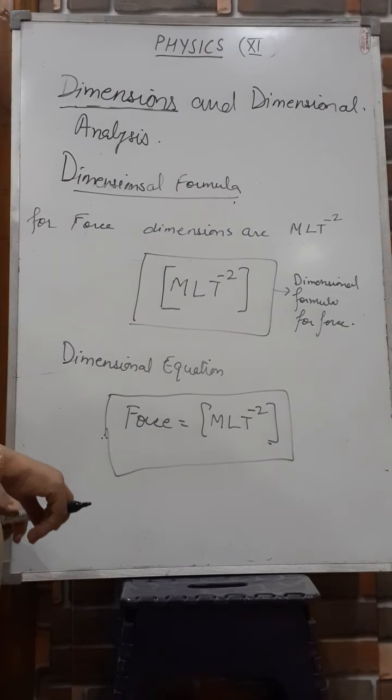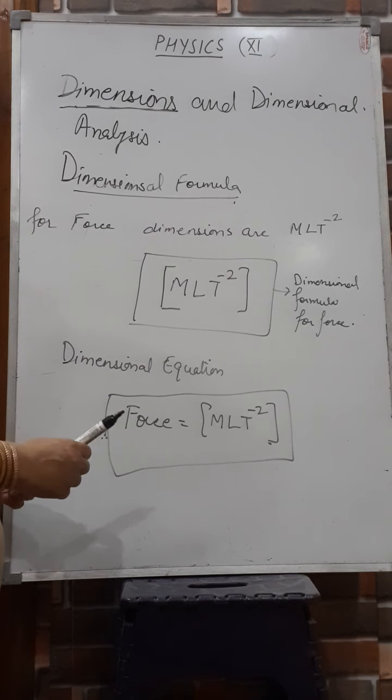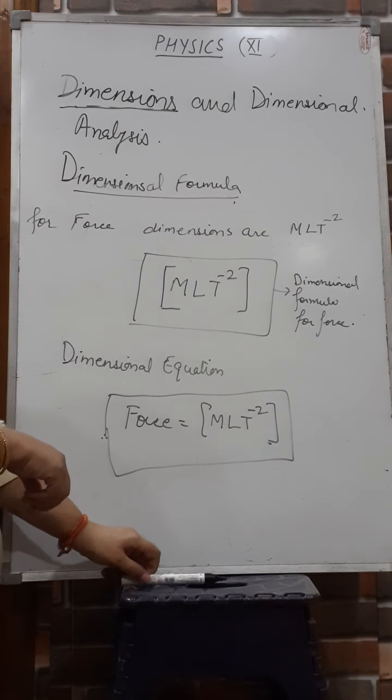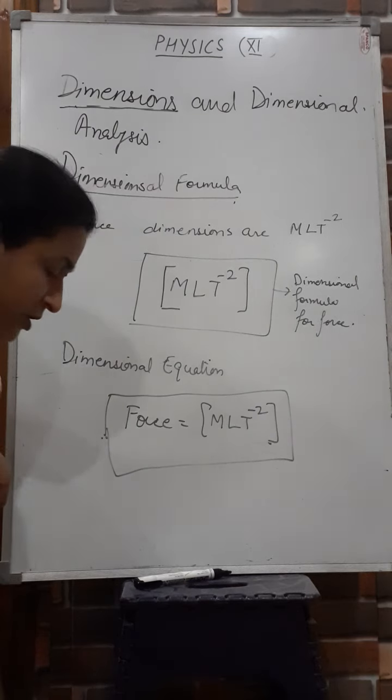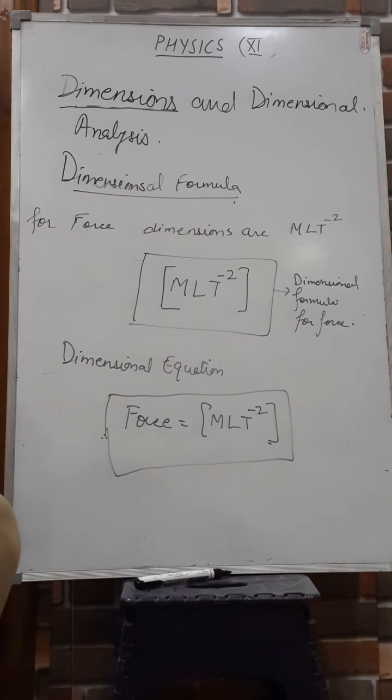So when a physical quantity is equated with the dimensions of that physical quantity, that is called a dimensional equation. I hope dimensions, dimensional formula and dimensional equation are clear to you.